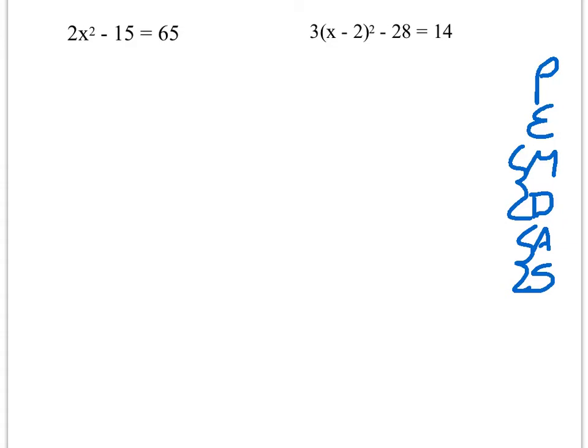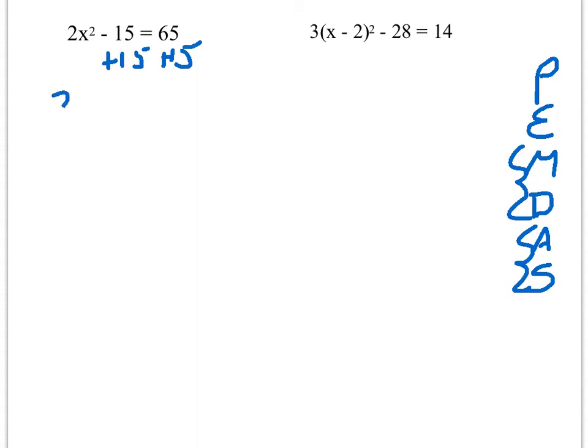Here we have a couple more examples where we want to get x alone. We want to figure out what it is, and again, we're just going to work ourselves backwards through these order of operations, starting down here at add, subtract, and moving up. So on this first one, to get this x alone, we just want to add 15 over to the other side.